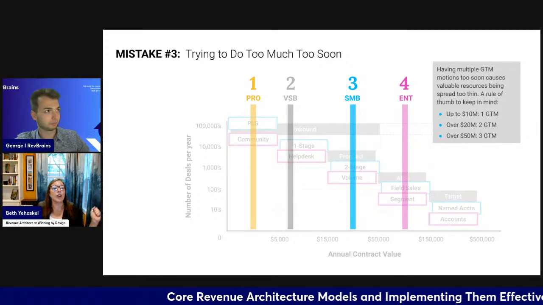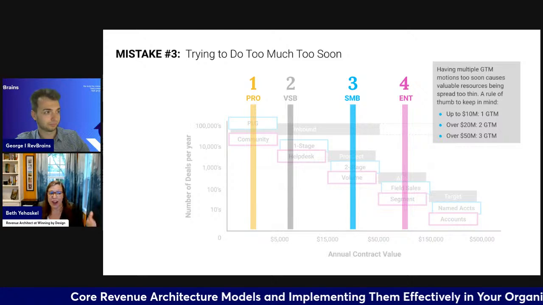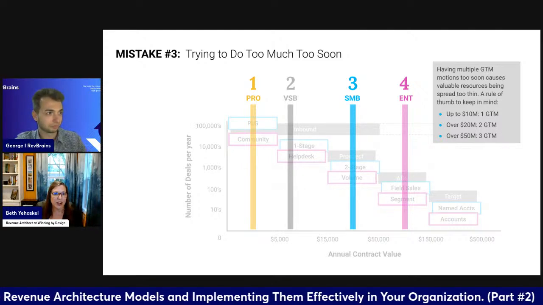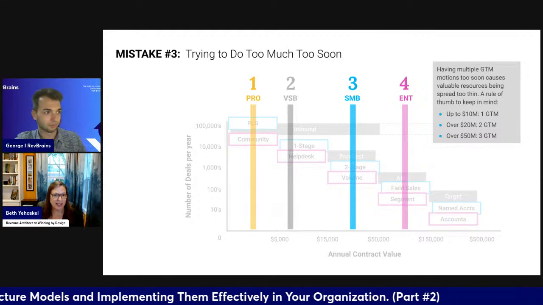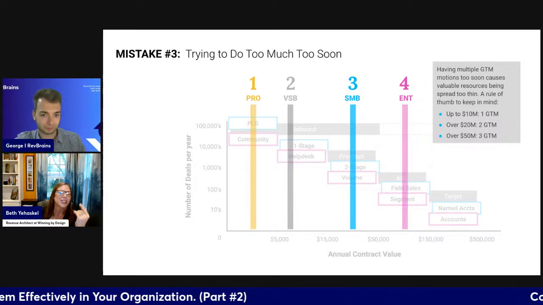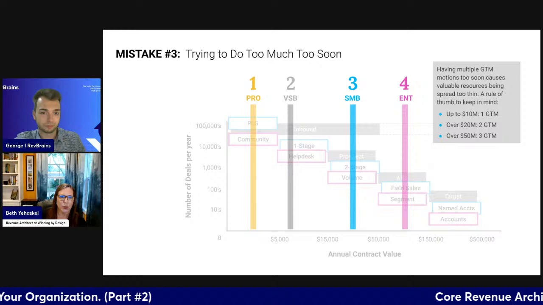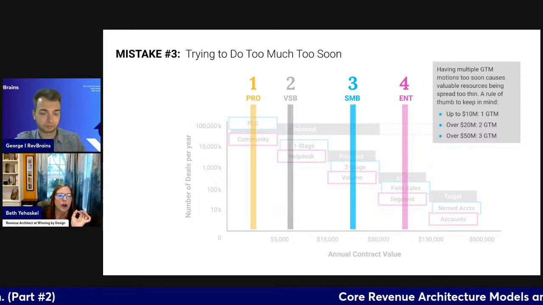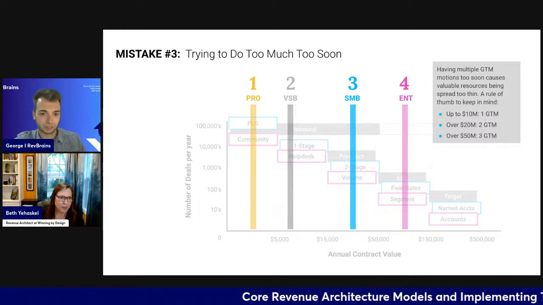Ooh, great. Okay, now we're going to be enterprise also. So you're at $5 million with a small and medium business product, and now you're going to venture into enterprise. And then you also maybe have some pro user licenses. It's going to be really hard to do any of those well if you don't have focus.